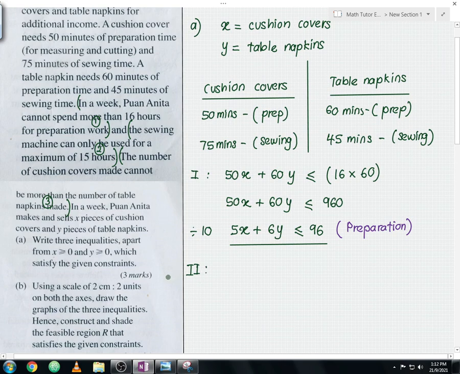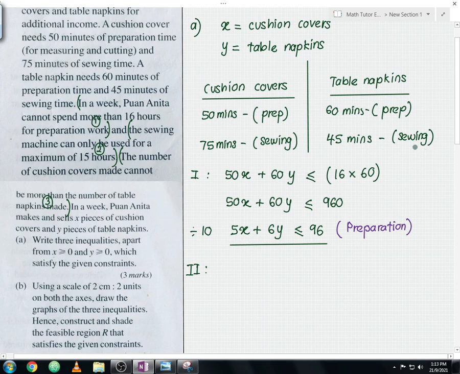So for the second constraint, it mentioned here the sewing machine can only be used for a maximum of 15 hours. A maximum of 15 hours means at most you can only spend 15 hours or less. From here, take a look at the sewing. For cushion covers you need to spend 75 minutes, whereas for table napkins you need to spend 45 minutes. So how are you going to form the equation?